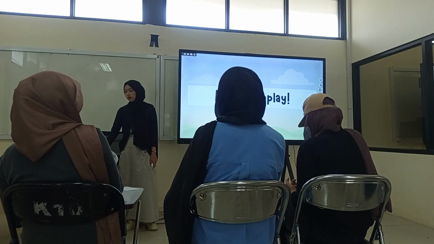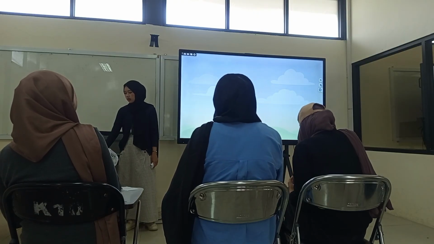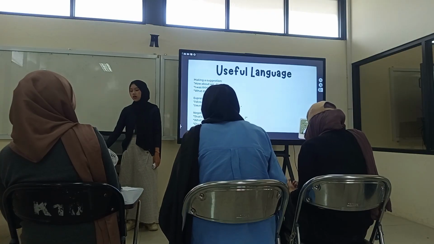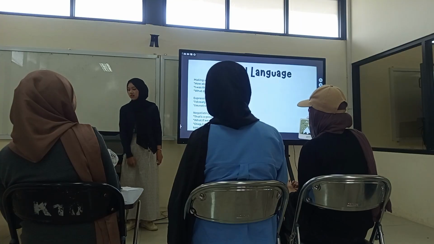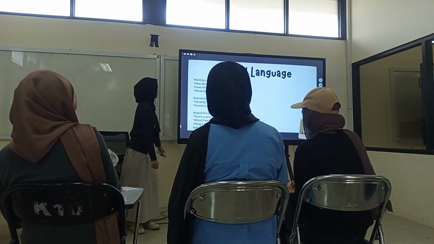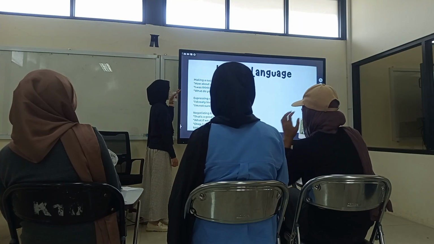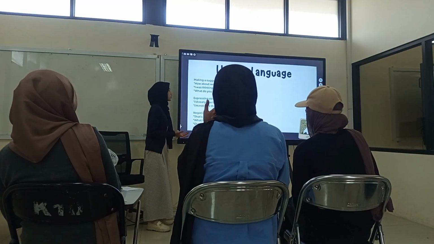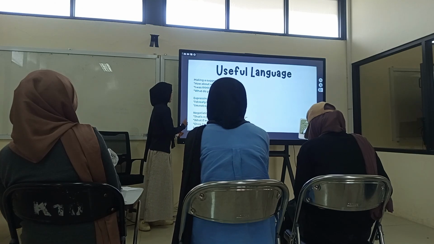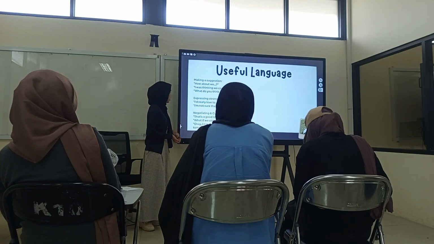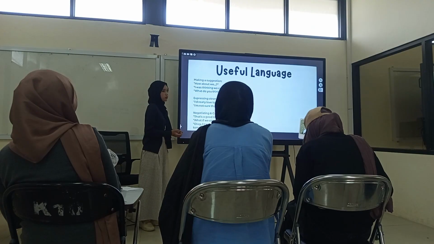Okay, before we role play, this is the useful language that can be used to make a script for role play. This is for making suggestions: How about, I was thinking we could, what do you think about. And expressing strong preference like, I really love to, I'm not sure that's for me, I prefer.